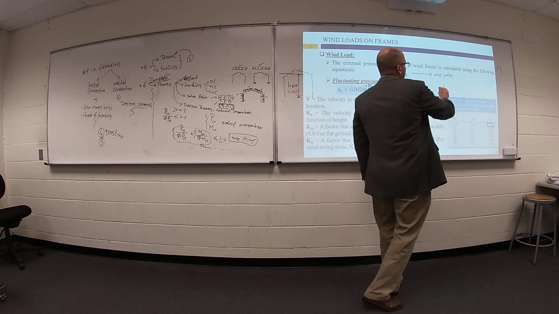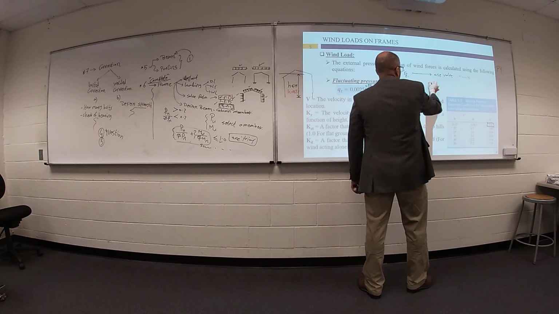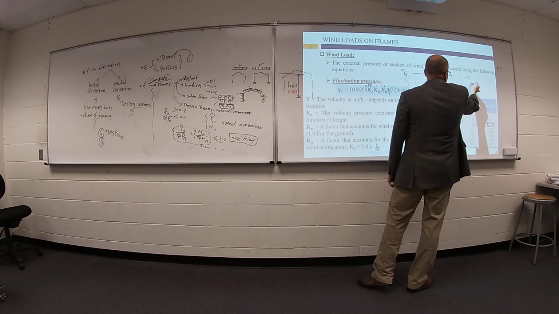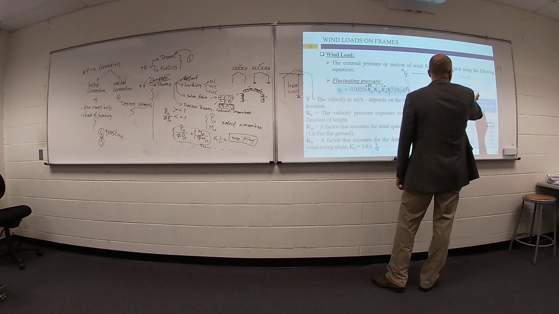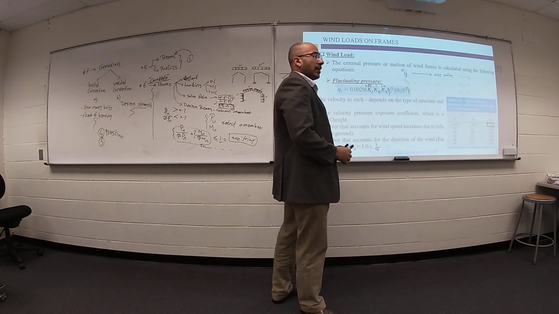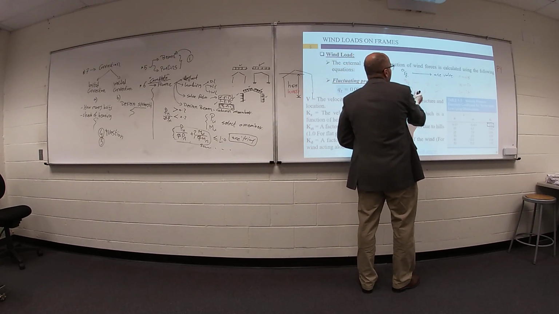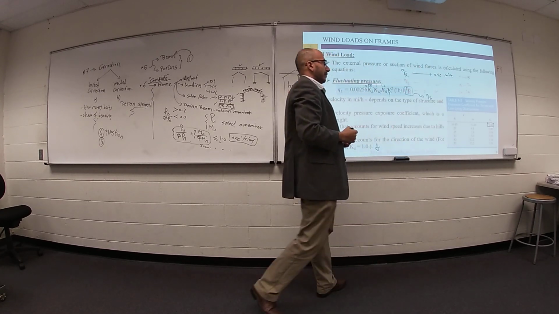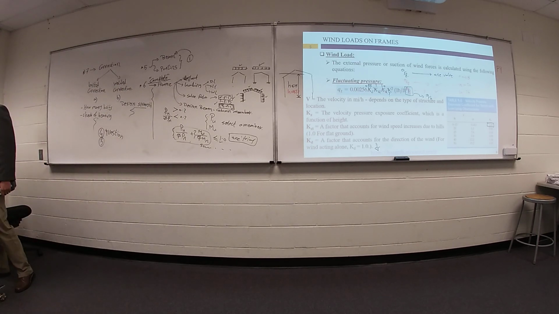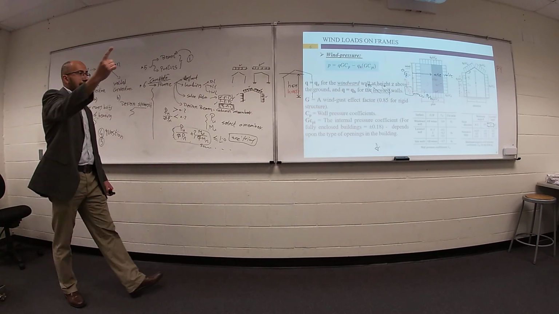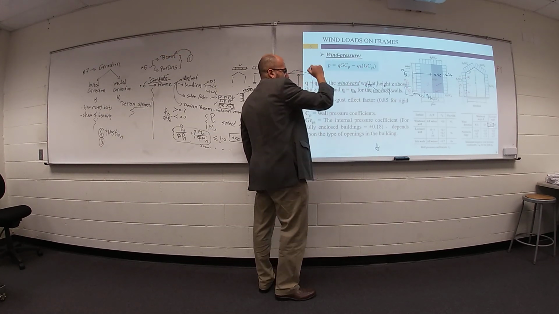The first one from 0 to 15. The second one from 15 to 20. The third one from 20 to 25, or anyway. The last value of your QZ will be QH. Because QZ and QH will be used in the second equation to get your wind pressure, P.